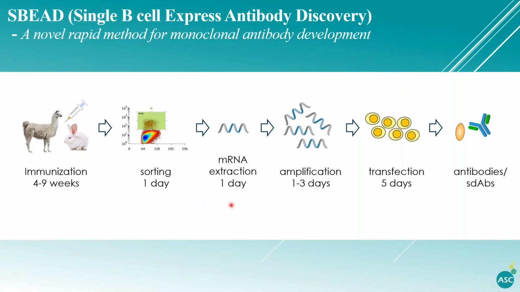Then mRNA is extracted from the sorted single cells and quickly amplified through a specific procedure, which produces materials that can be used directly for cell transfection. In 5 days, by transfecting 293 cells or CHO cells, we were able to get enough antibodies, either in conventional form or single domain antibody format, for screening.